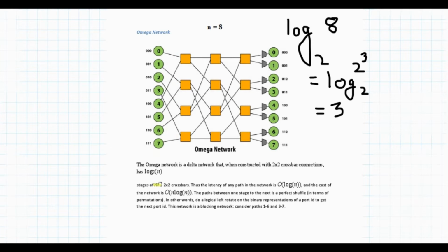Now to connect 8 outward edges, you actually need n by 2, that means 8 over 2 switches, that means 4 switches, as each switch has 2 input and 2 output ports.